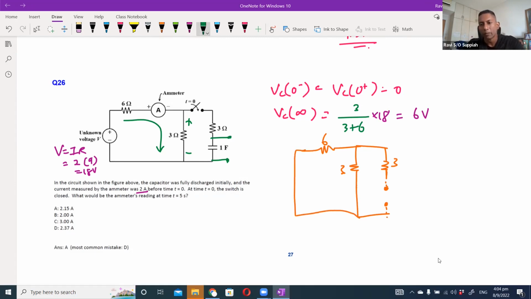From this imaginary source, where the current flows out, it will come here, pass through the 3 ohm and then split into this 6 and this 3. Which means the equivalent Thevenin resistance is 3 plus 3 parallel with 6, which is 5 ohm.